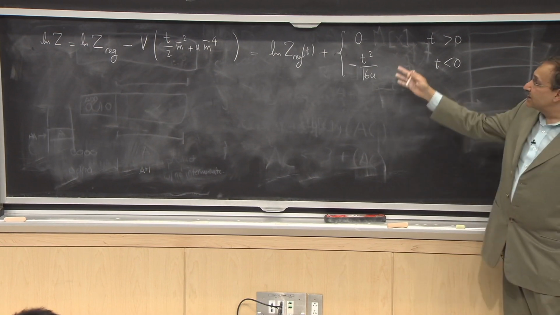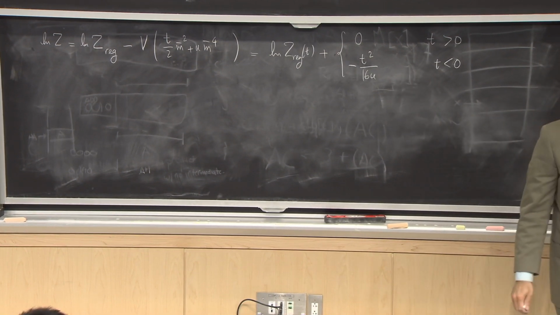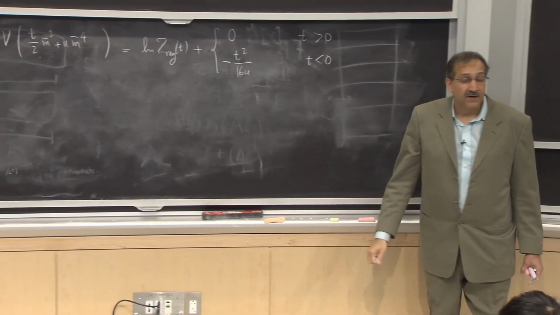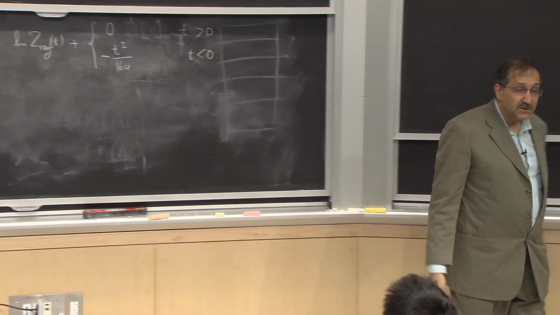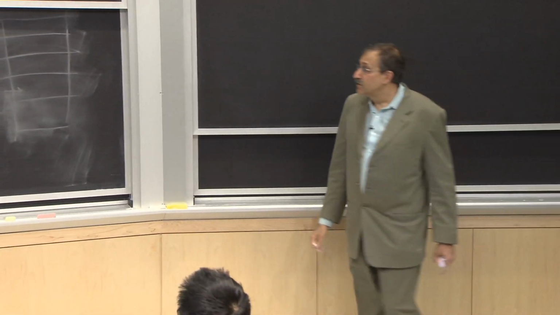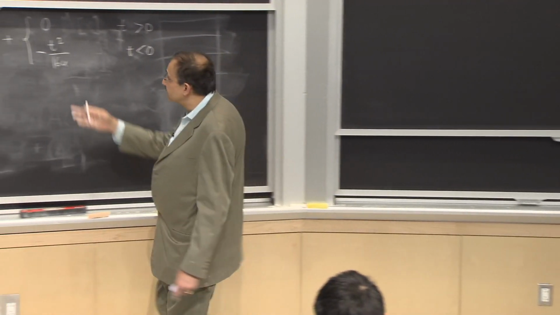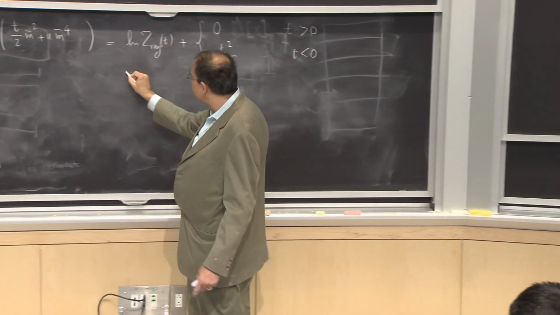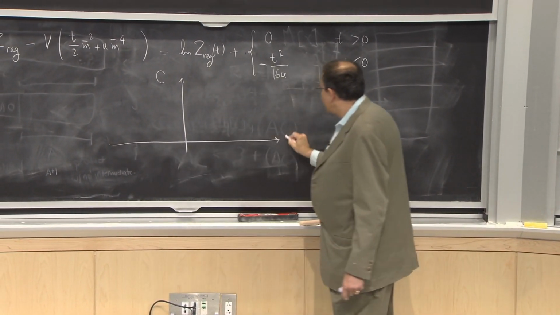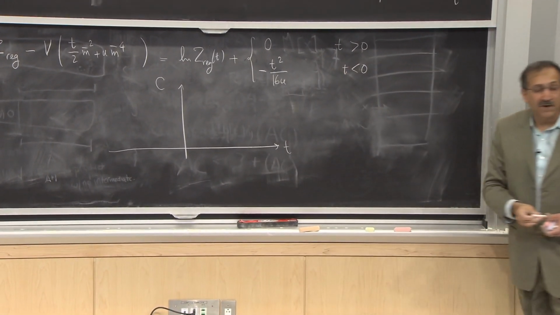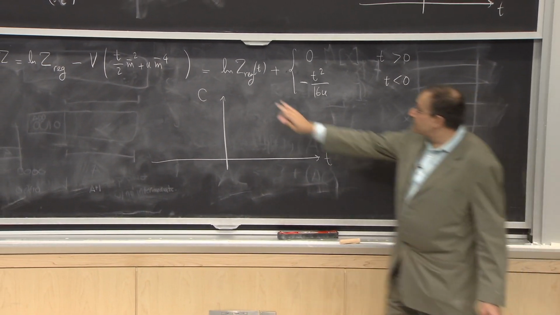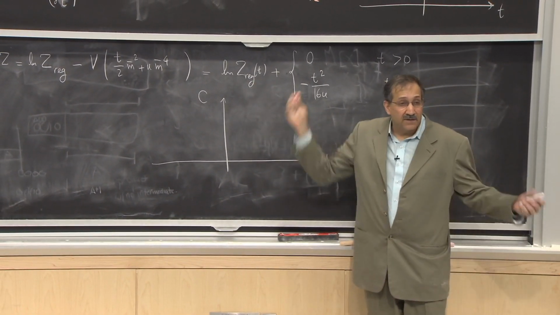So I have to take two derivatives of this function. You can see that the function will give me 0 for t positive, and it will give me a constant for t negative. So if I were to plot two derivatives of this function as t or t minus tc is varied, there is a background part that comes from all the other degrees of freedom.